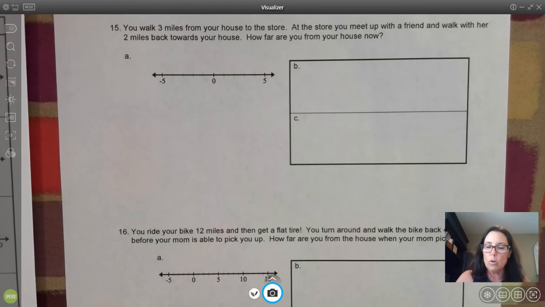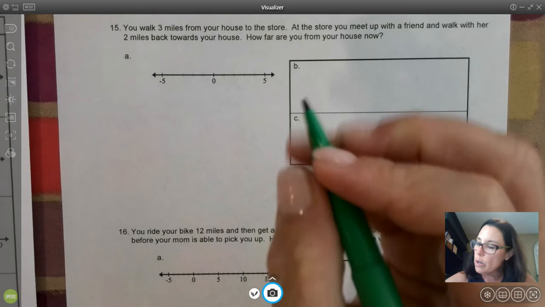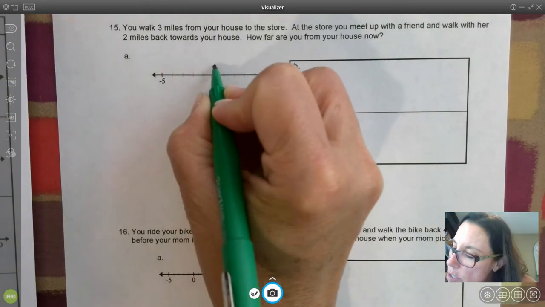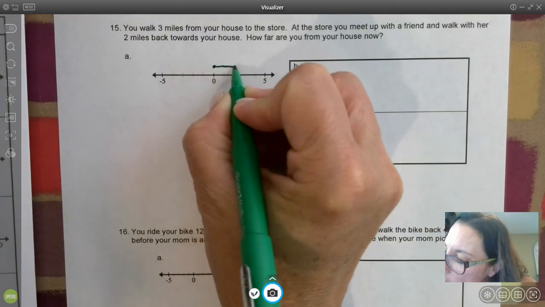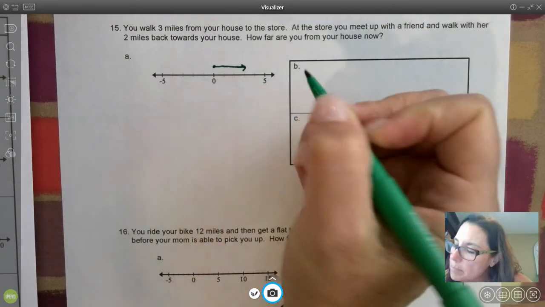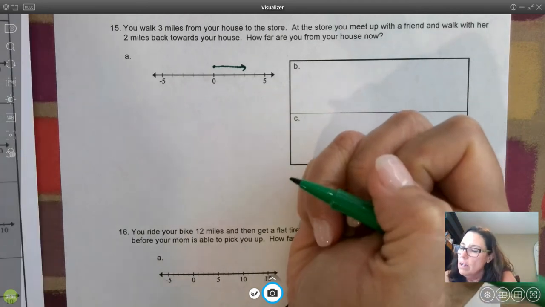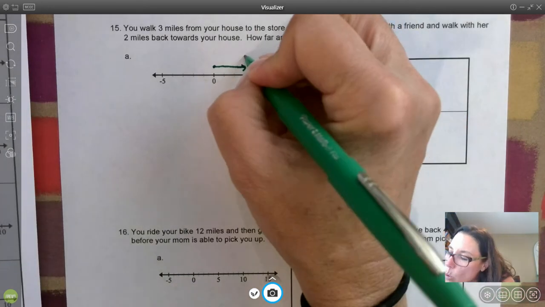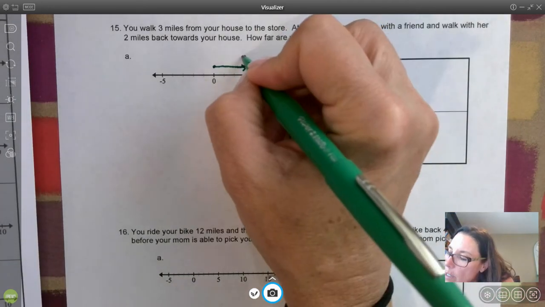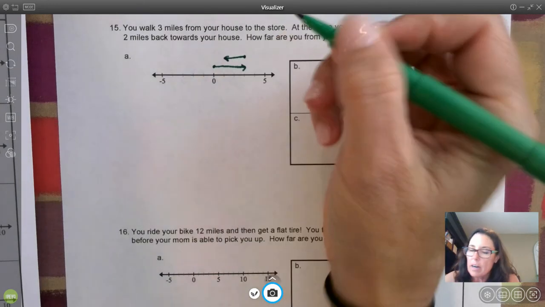All right, so we're going to go ahead and start at 0. And we're going to go to 3. It's the first statement there. 1, 2, 3. Okay, now 2 miles back towards the house is going to be to there.